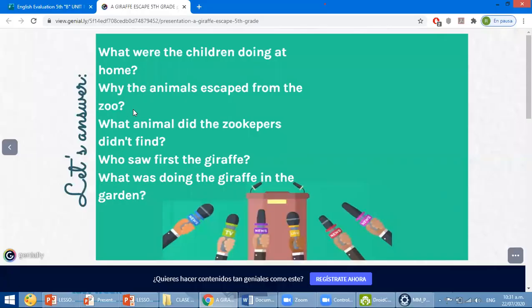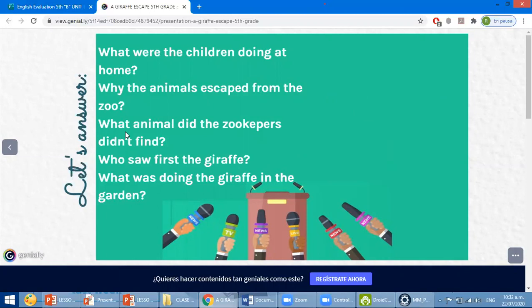Imanol, one more time. Why did the animals escape from the zoo? Because of the blackout. Good, very good. Because of the blackout. No electricity, the animals ran, escaped from their cages. This is the question with why.